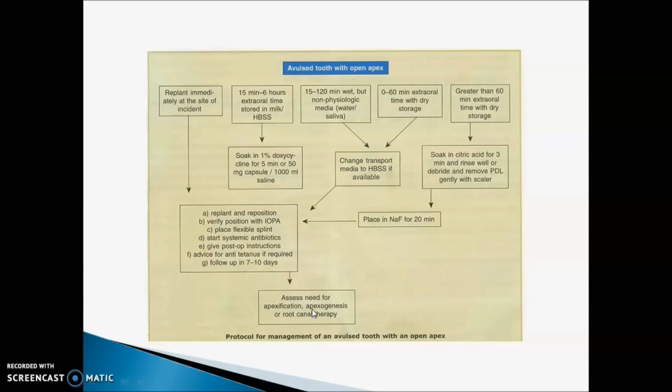Okay, so if time is less, you have to use doxycycline and HBSS. If time is more, then you have to use citric acid and sodium fluoride. Remember, doxycycline is for regeneration of your PDL fibers and sodium fluoride is to avoid replacement resorption.